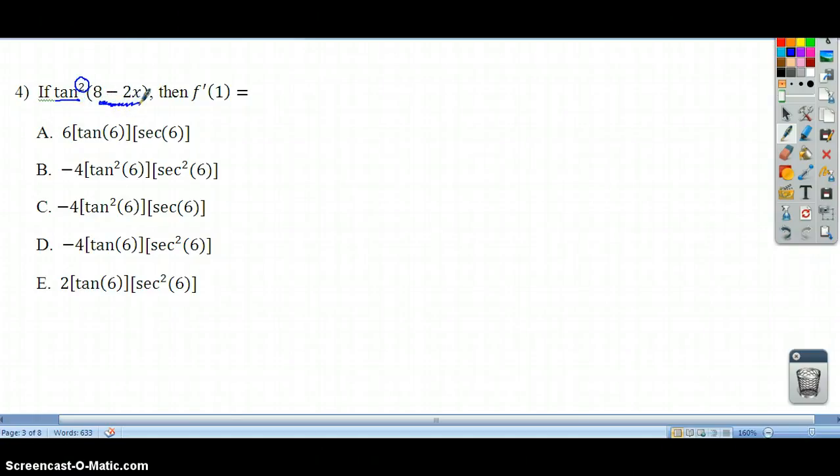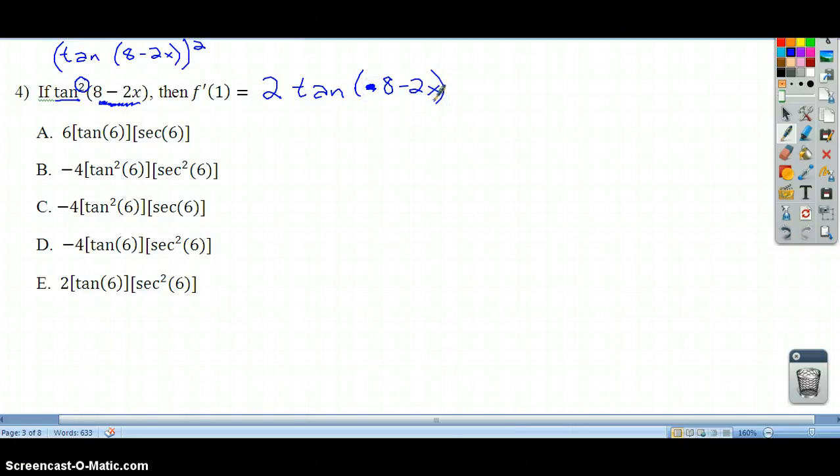So our outermost function, and we can rewrite this as this, if that helps you think of it that way. So then we're going to say 2 times the tangent of 8 minus 2x.